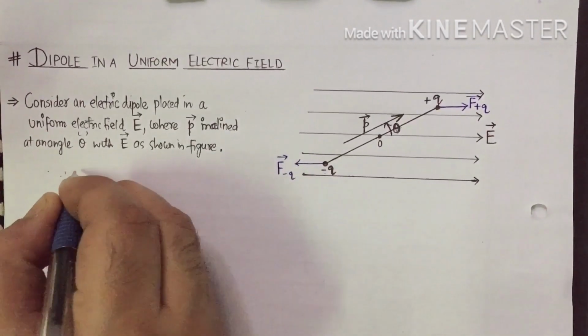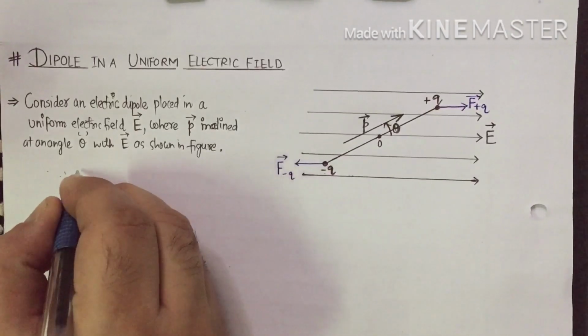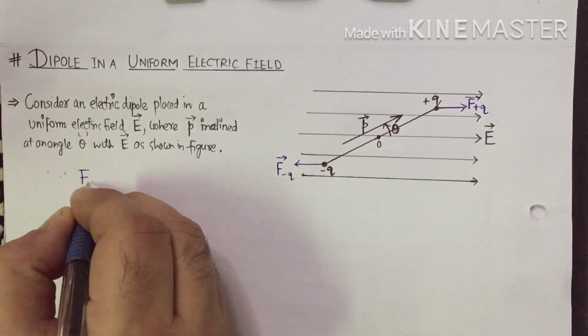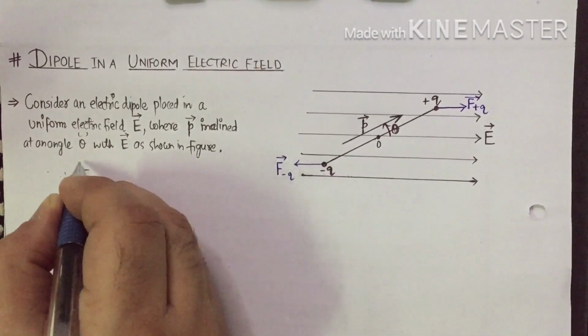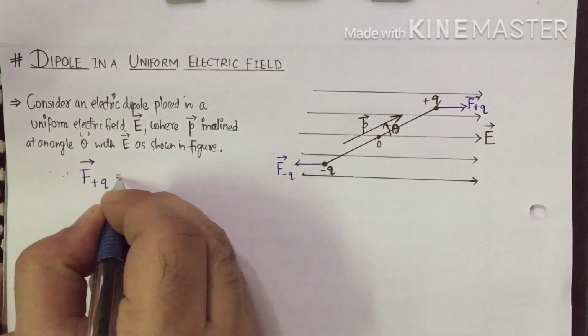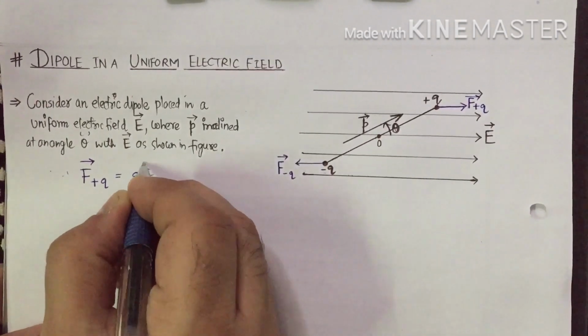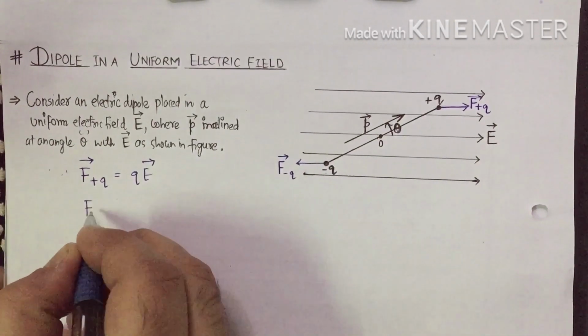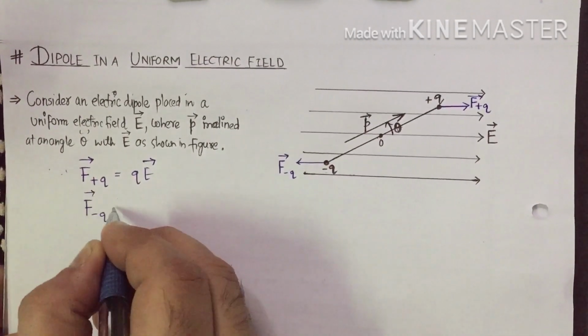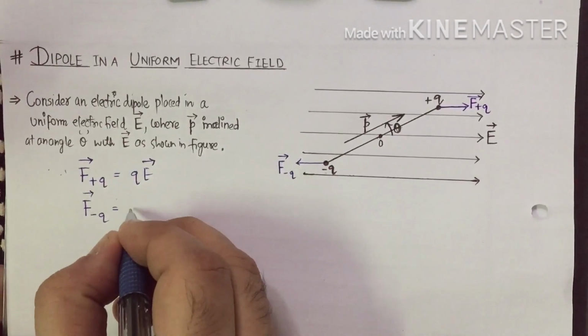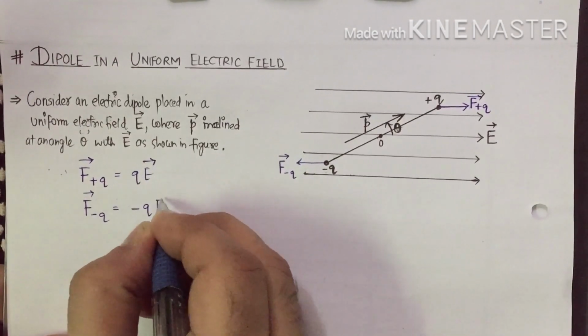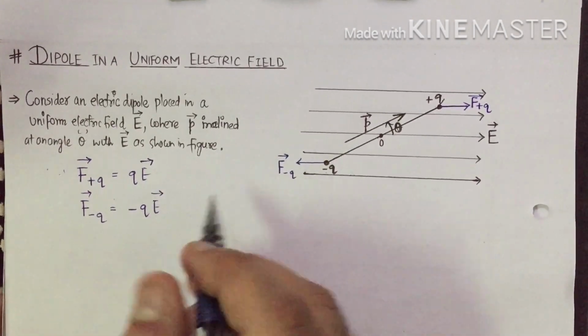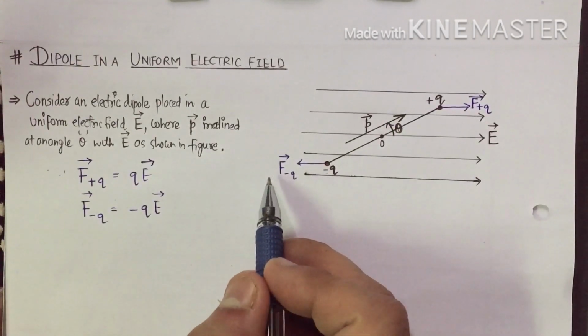Therefore, we can write the force on the positive charge is QE. Similarly, the force on the negative charge is given as minus QE. The minus sign says that it is opposite to the direction of the electric field.